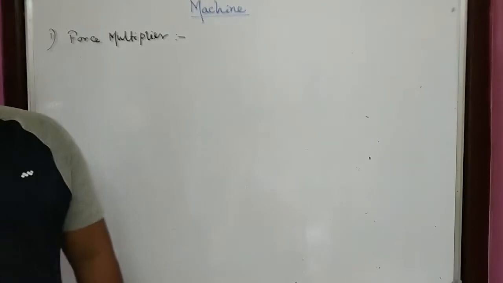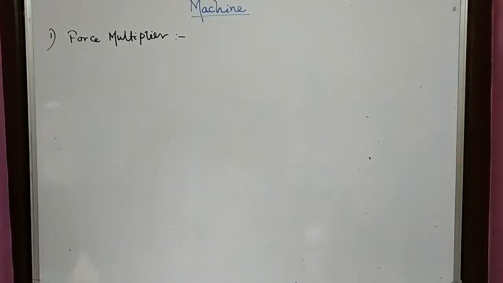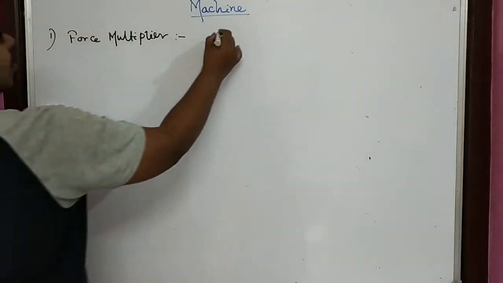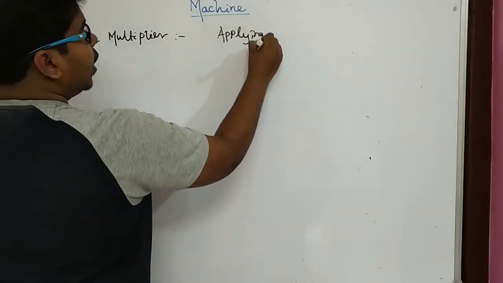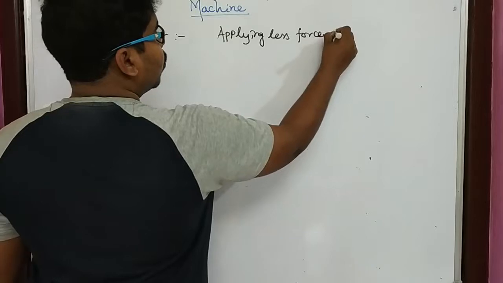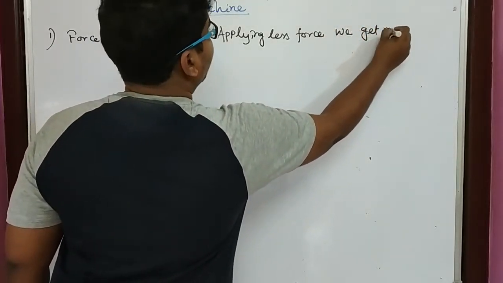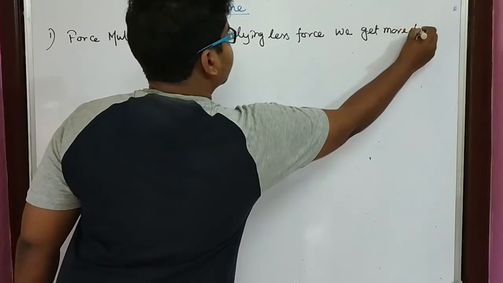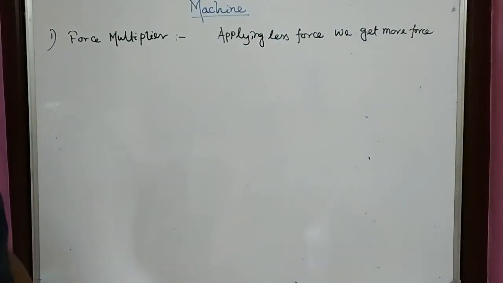A force multiplier is a type of machine where, by applying less force, we get more force. That type of instrument is known as force multiplier.